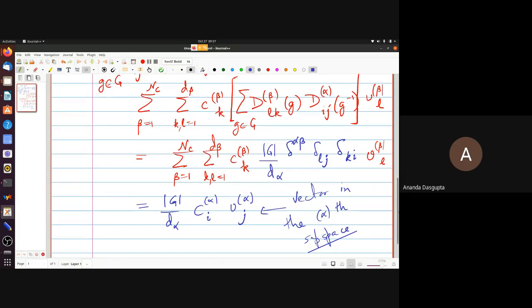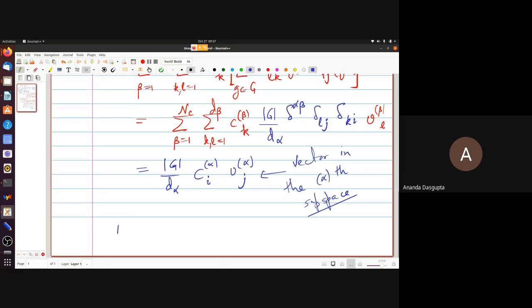So finally, what we end up with is this definition for the projection operator, P_ij alpha, which by definition is the sum over G belonging to capital G, sum over the entire LG.